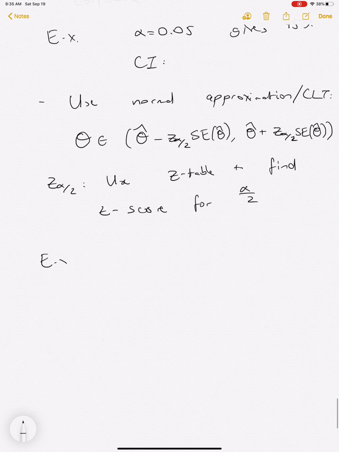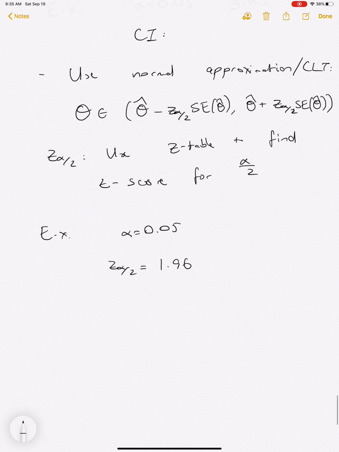For example, if alpha equals 0.05, so for 95% confidence intervals, your z alpha over 2 is equal to 1.96, or approximately 2, and you can do this for any confidence level you want.